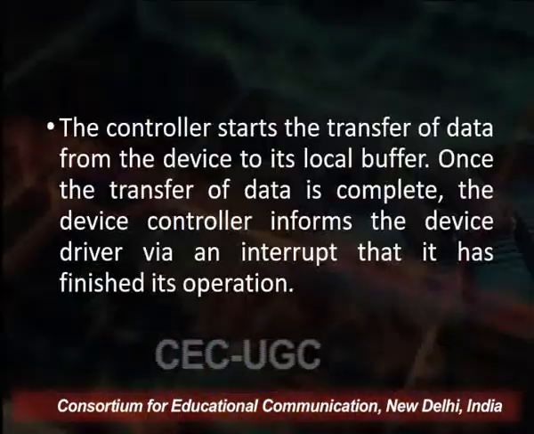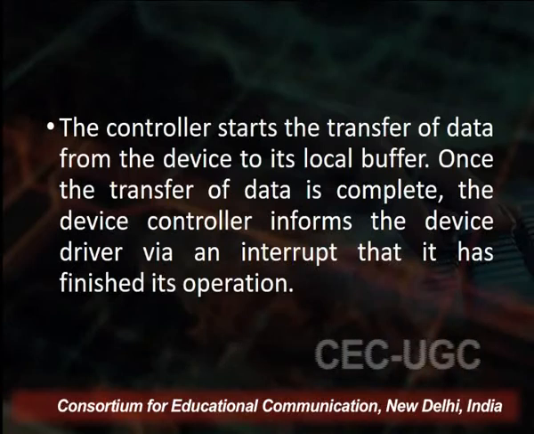After examining the contents of the registers, when the controller understands what action has to be taken, the controller starts the transfer of data from the device to its local buffer. I have already told you that the controller is in charge of transferring the data between the device and the local buffer.